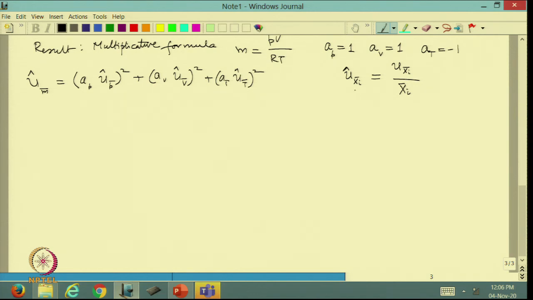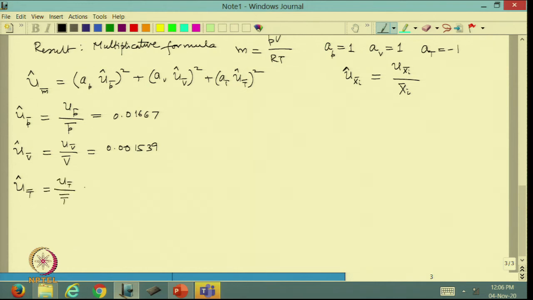So, now we need to calculate these values. u hat p bar is u p bar upon p bar, and when you do the calculation, this comes out to be 0.01667. u v bar hat is u v bar upon v bar, and this will come out to be 0.001539, and similarly u hat t bar is equal to u t bar upon t bar, and this is 0.003332.